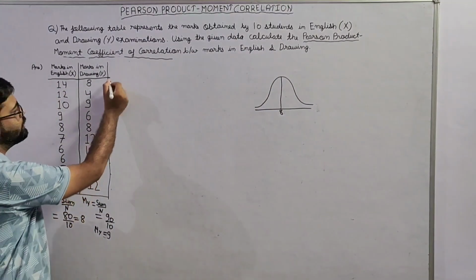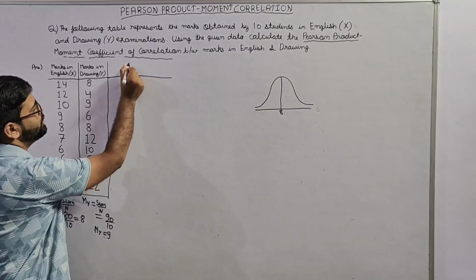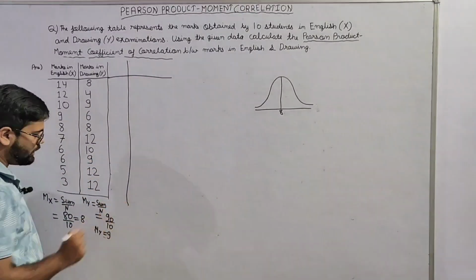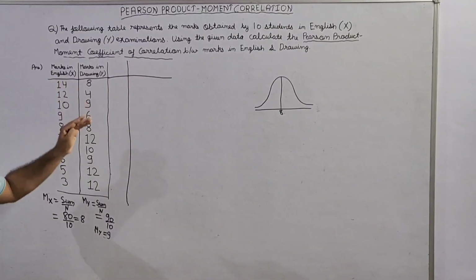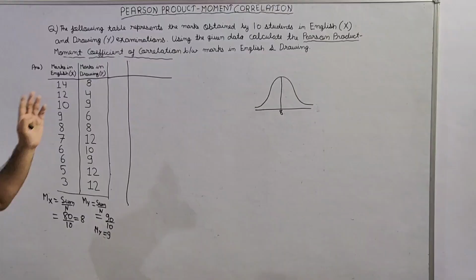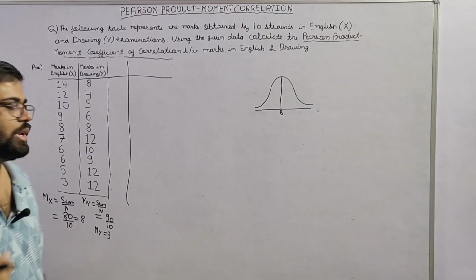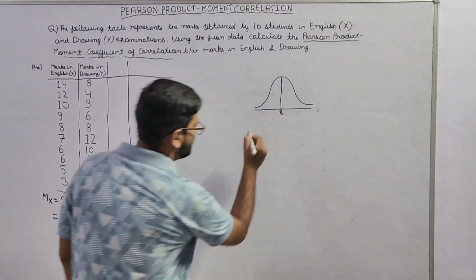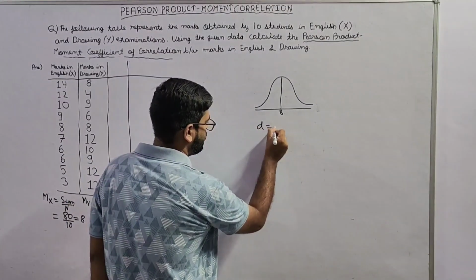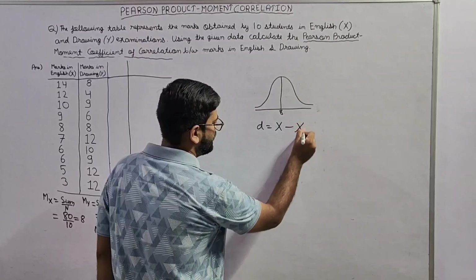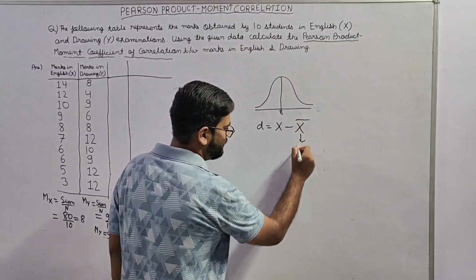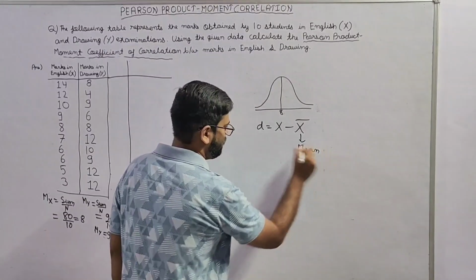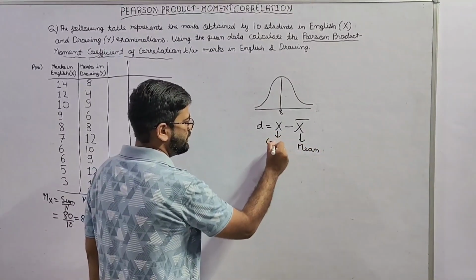So we find the deviation of each value in X and each value in Y. Deviation represents the distance from the mean value, and the formula for the deviation is x minus x bar. X bar represents the mean and x represents the given value.